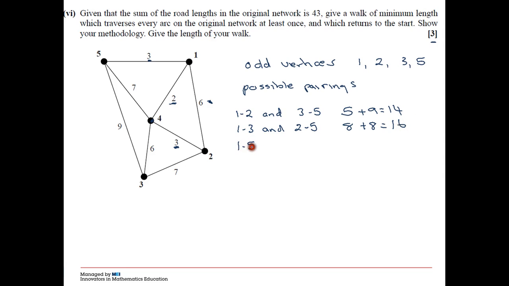Or last of all, we could repeat 1 and 5 and 2 and 3. So 1 to 5 is 3 and 2 to 3 is 7, and that's 10. So this is the minimum distance we would have to repeat, so that's the one that we would choose.